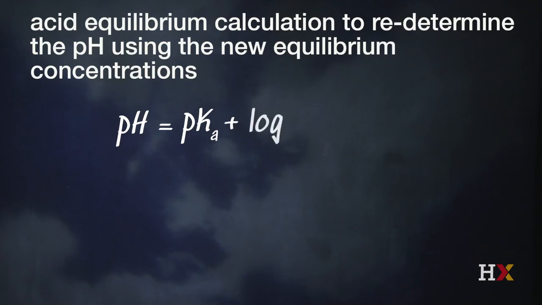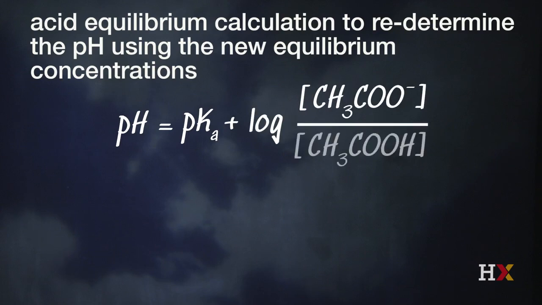Now we can do this with a Rice table, but because we recognize that this is the buffer solution, we've got a very quick way to do that pH calculation, and that's our good old Henderson-Hasselbalch equation. pH is equal to pKa plus the logarithm of the concentration of our conjugate base divided by the concentration of our weak acid.